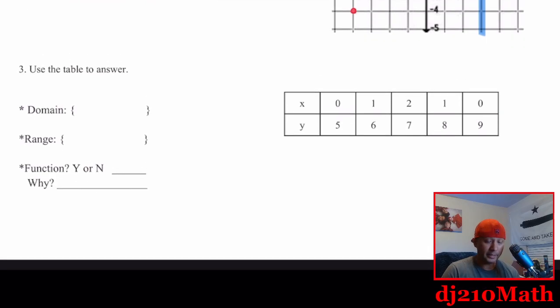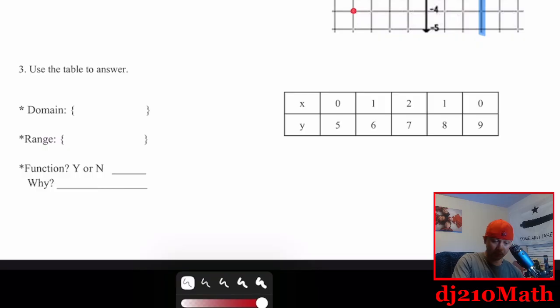Okay, use the table. So looking at the table, the domain is the top row, the x's, right? 0, 1, 2, 1, 0. So what numbers are used? 0, 1, and 2.